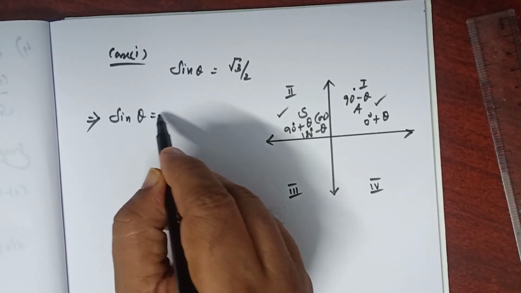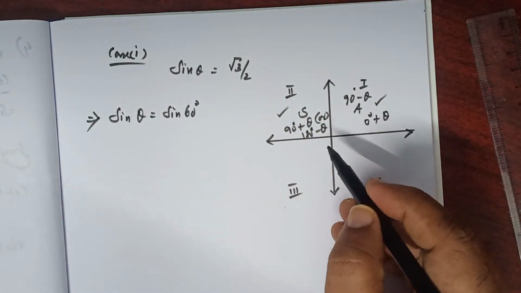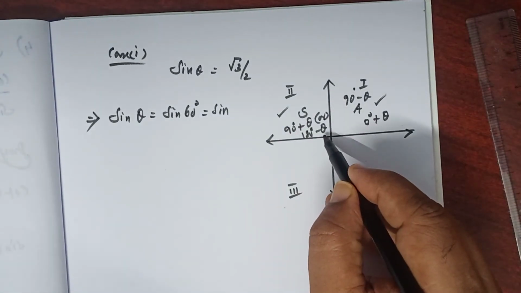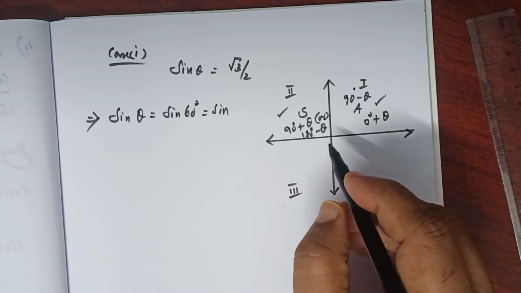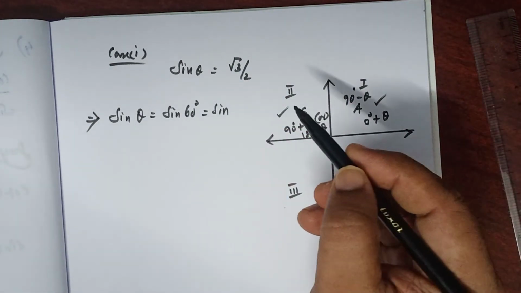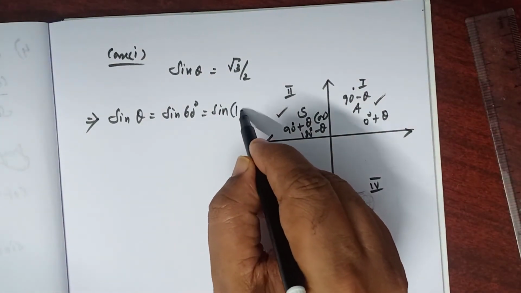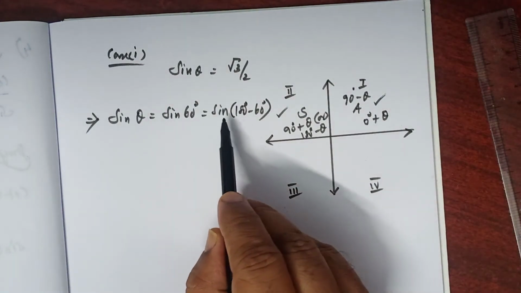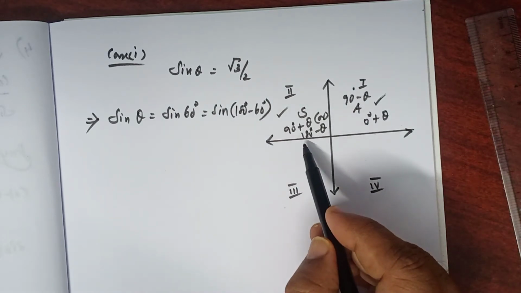Sin theta is equal to sin 60 degree as well as sin of 180 degree minus 60, because for 180, sin remains sin. 180 minus 60 lies in which quadrant?